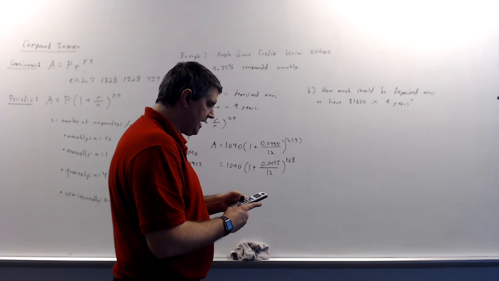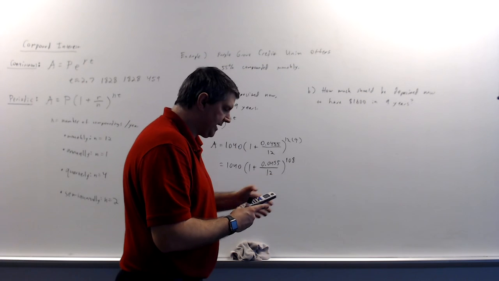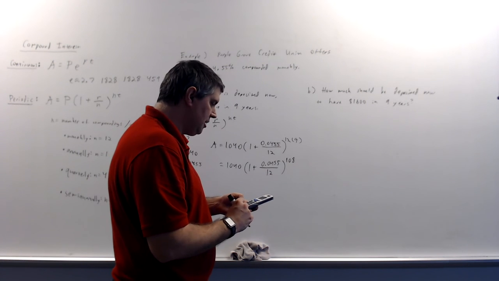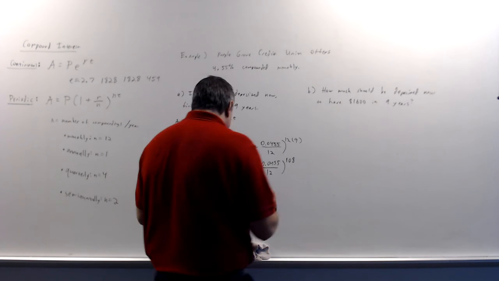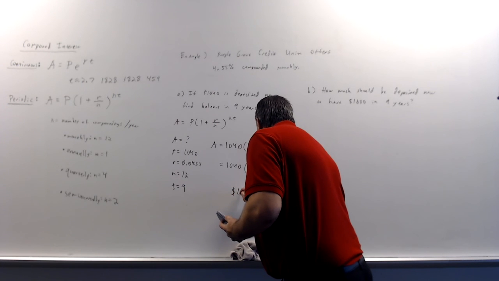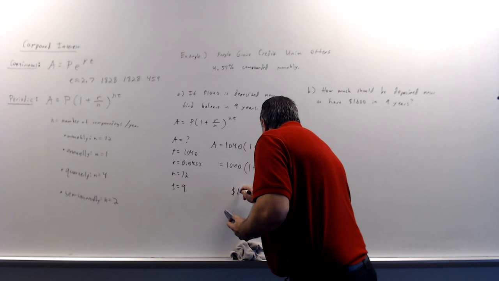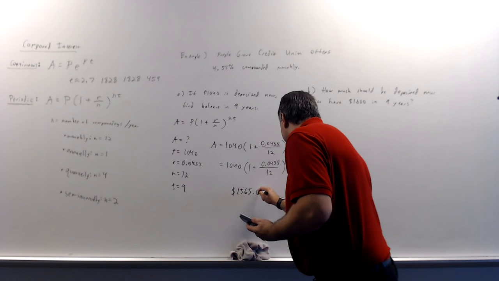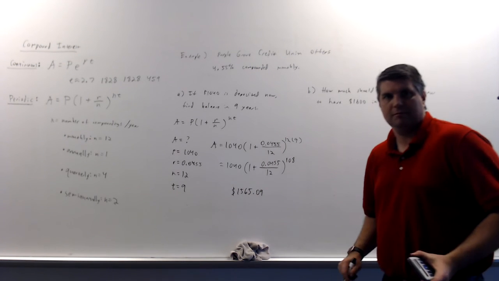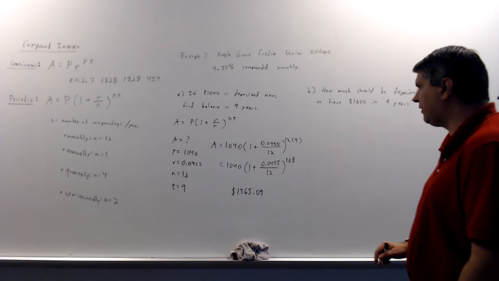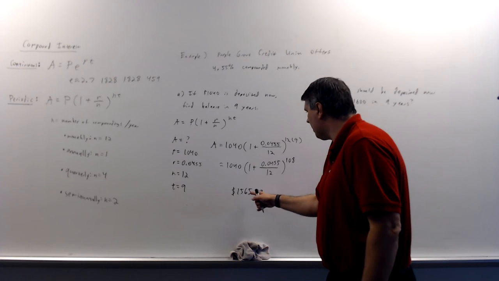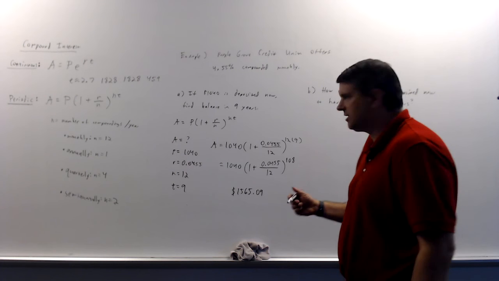Balance the parenthesis and then the generic exponent button, 108. To the nearest cent I got $1,565.09. Unless given reason to assume otherwise, you will round to 2 decimal places, to the nearest cent.